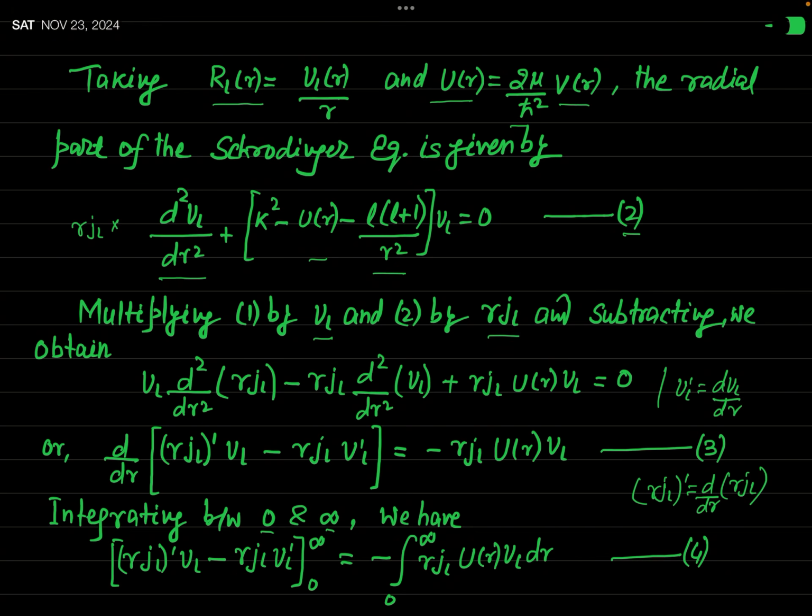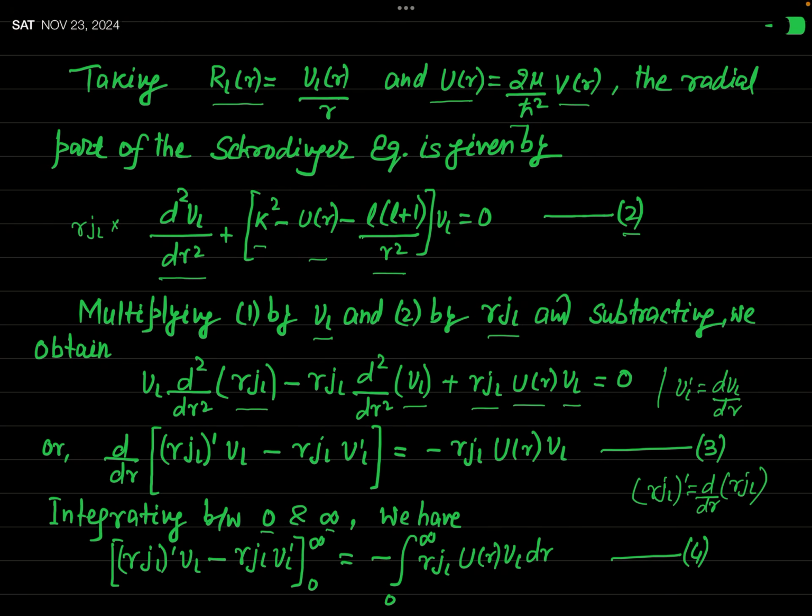When you do this, you will get this result: v_l times d2 by dr square operated on r j_l minus r j_l d2 by dr square operated on v_l plus r j_l times U of r times v_l, and that is equal to 0. In fact, here the terms k square minus l times l plus 1 over r square are common in both of the equations, and so they will cancel out.